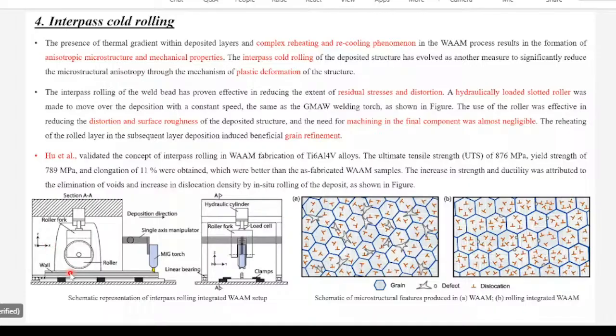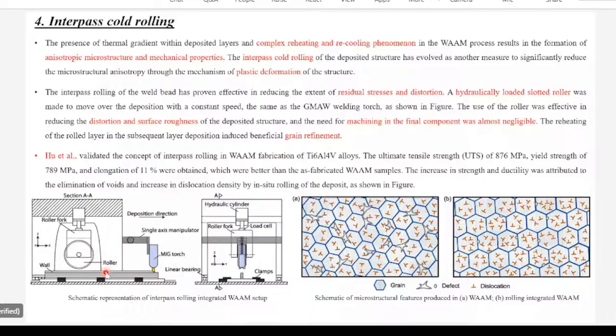Interpass rolling of the weld bead has proven effective in reducing the extent of residual stresses and distortion. Also, a hydraulically loaded slotted roller was made to move over the deposition at a constant speed, the same as the GMAW welding torch, as shown in the figure. The use of the roller was effective in reducing distortion and surface roughness. One more advantage of rolling is that the outer surface roughness has been improved.